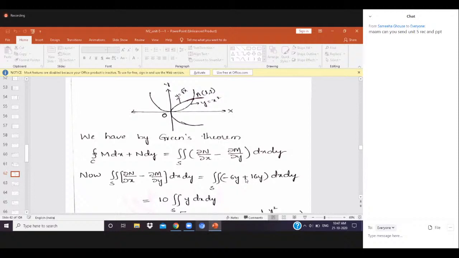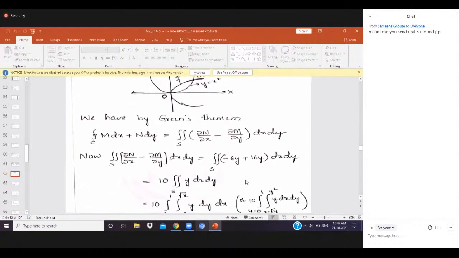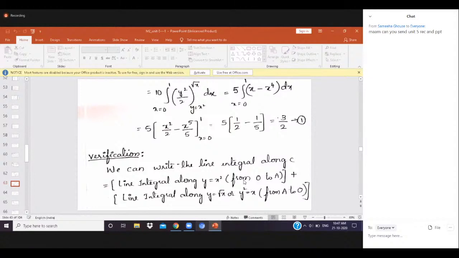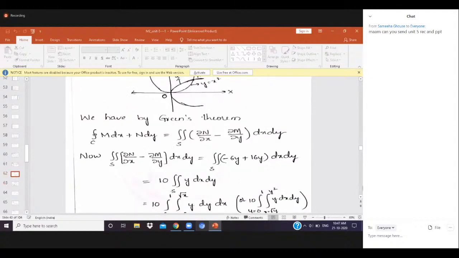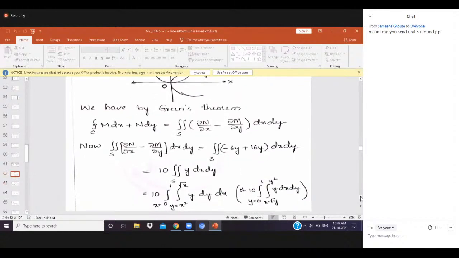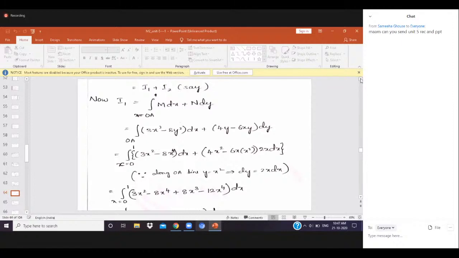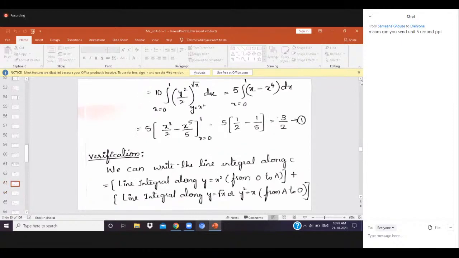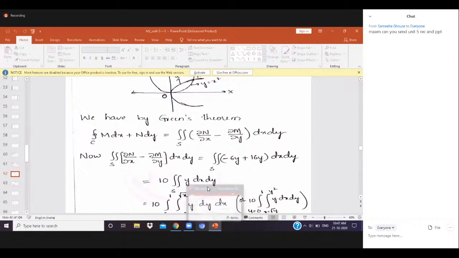Simplifying, we get 10 times the double integral of y dx dy.